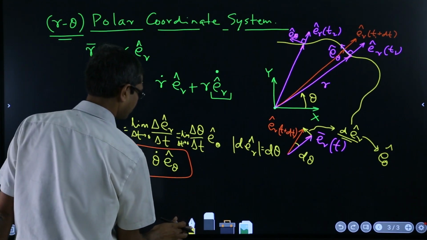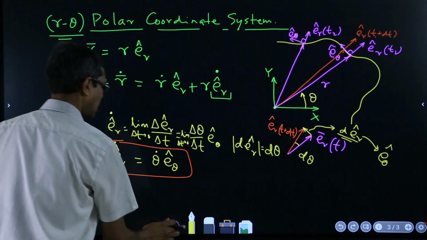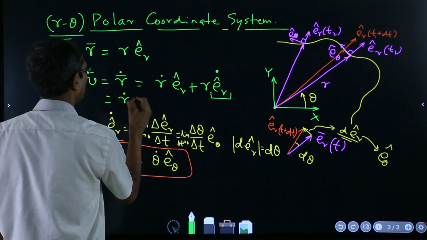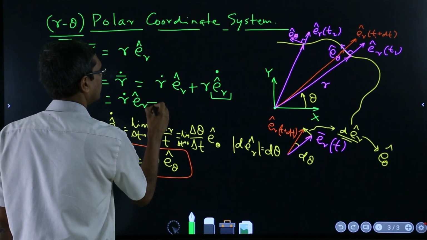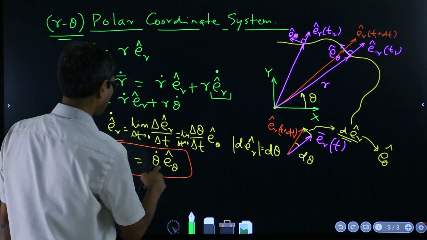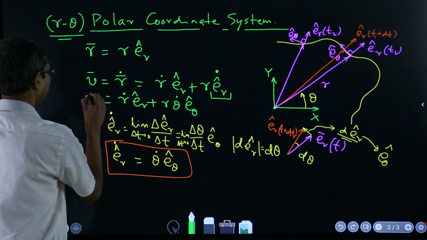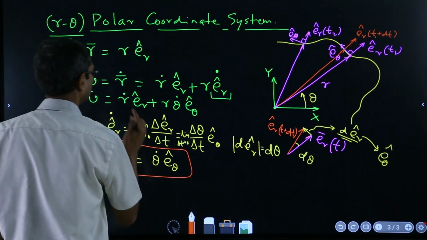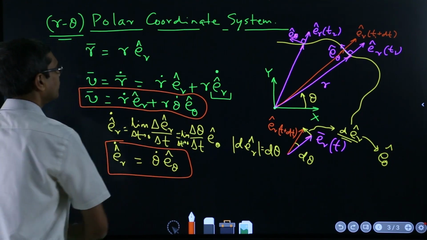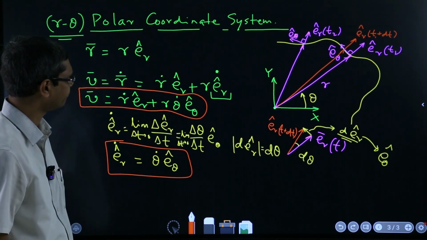I'll just put it again. So e_r dot was here. So this I can now write as r dot e_r plus r theta dot, replacing e_r dot with theta dot e theta. So this is nothing but v. That is our expression for velocity. This is very important to observe.